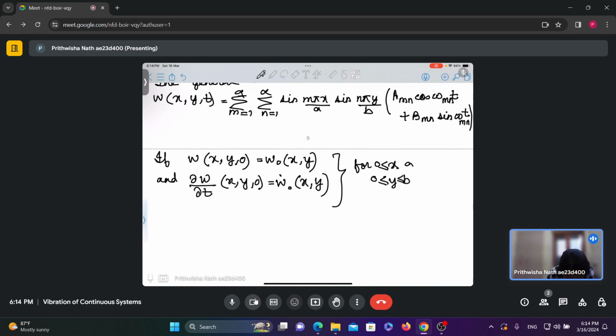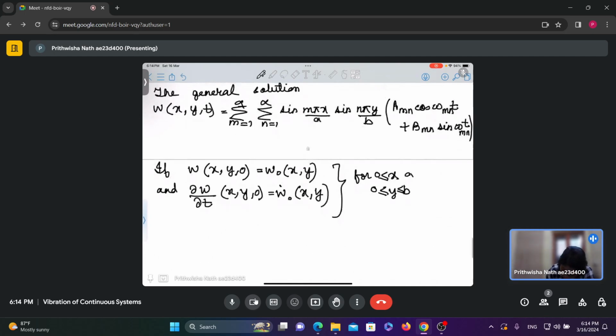So what we will get? T is 0, for the initial condition t is 0.